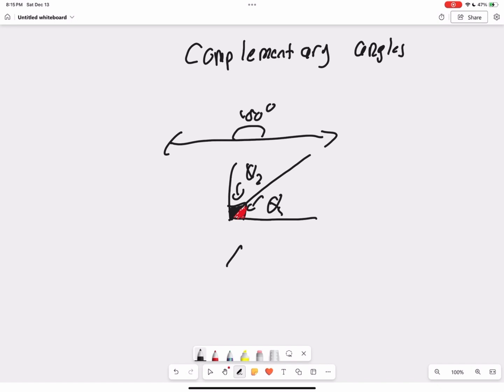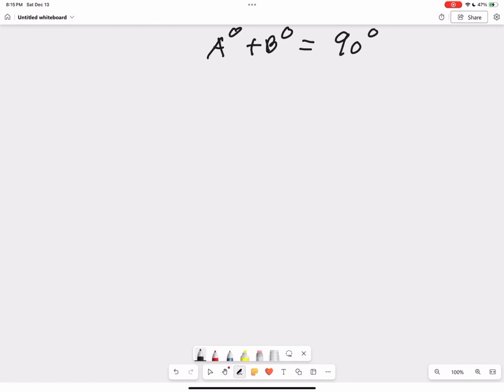The formula is angle A plus angle B equals 90 degrees. If the problem tells us that it's complementary or supplementary, which it isn't always going to, there's a few ways to determine that.